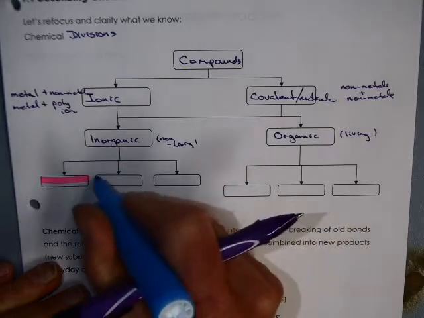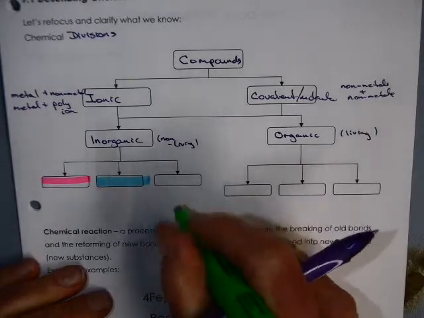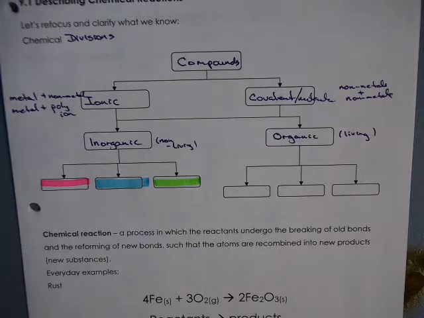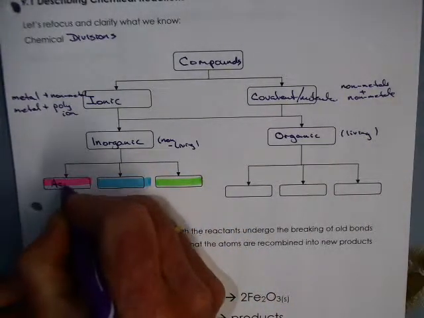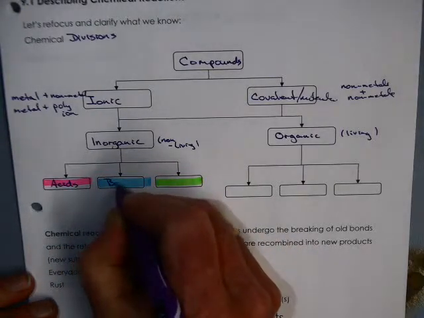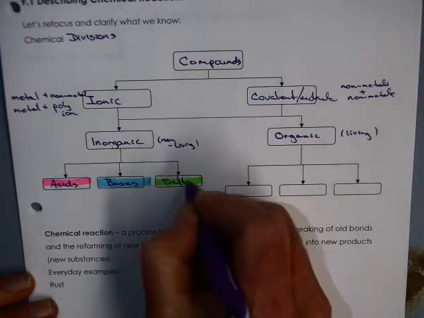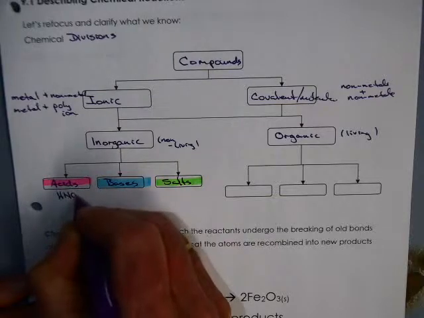The inorganics that we have studied come in three flavors. These are acids, bases, and salts. So for example, an acid could be nitric acid.